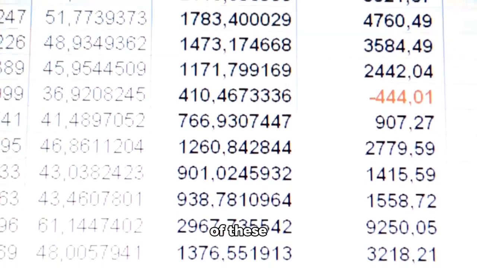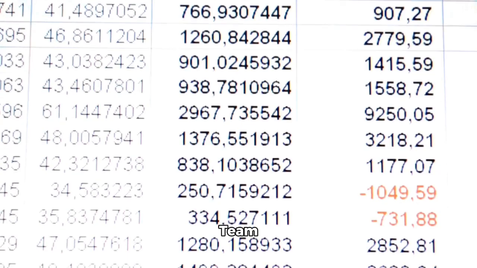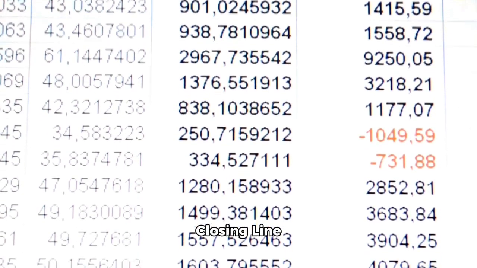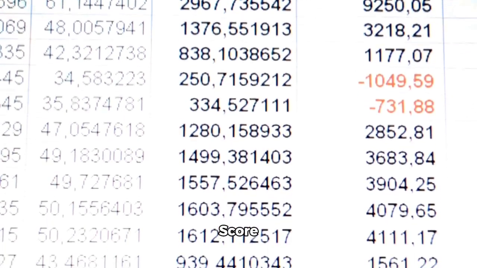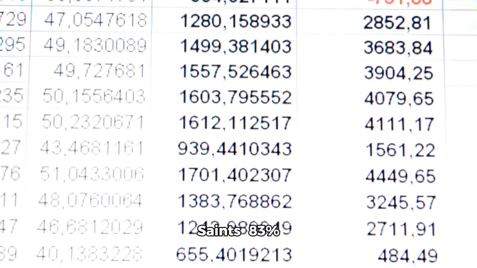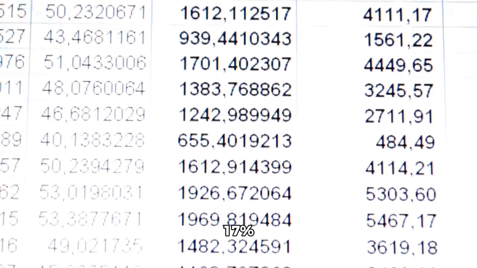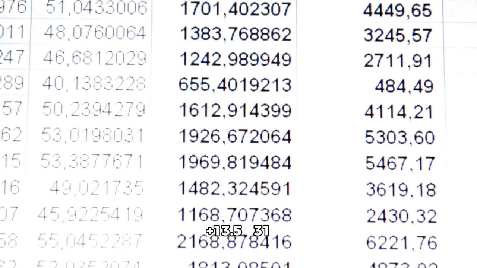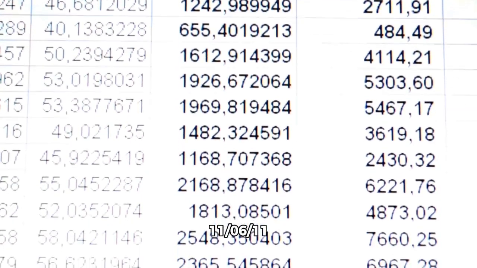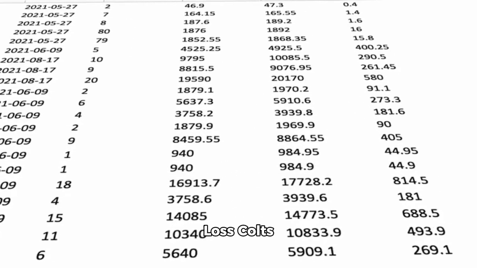Date, team, spread percent, closing line, score, result ATS. October 30th: Saints 83%, minus 13.5, 21, win. Rams 17%, plus 13.5, 31. The 6th of November: Falcons 84%, minus 6.5, 31, loss. Colts 16%, plus 6.5, 7.